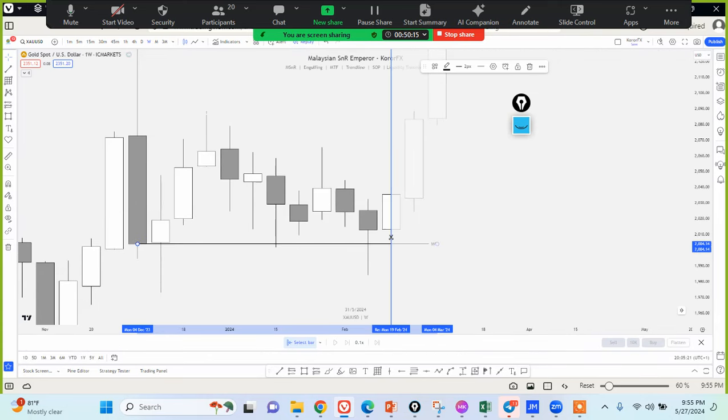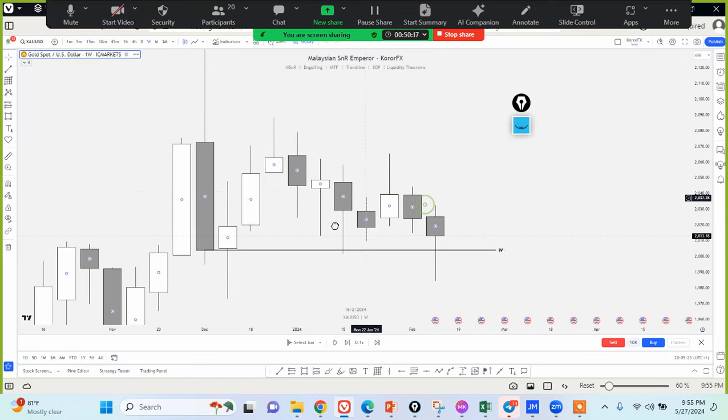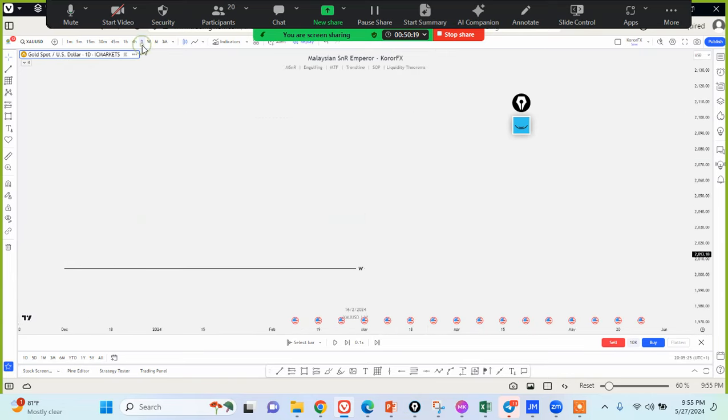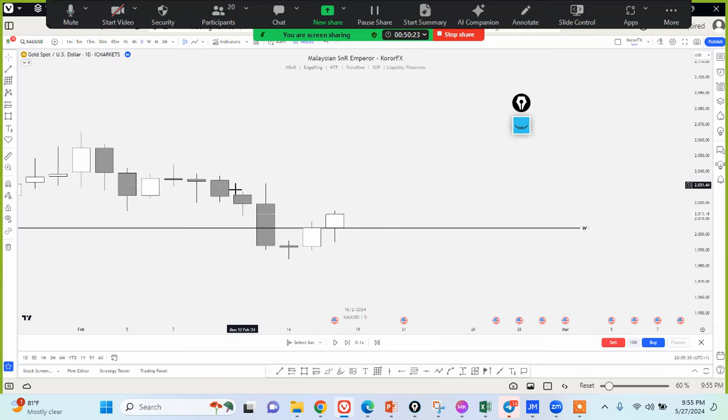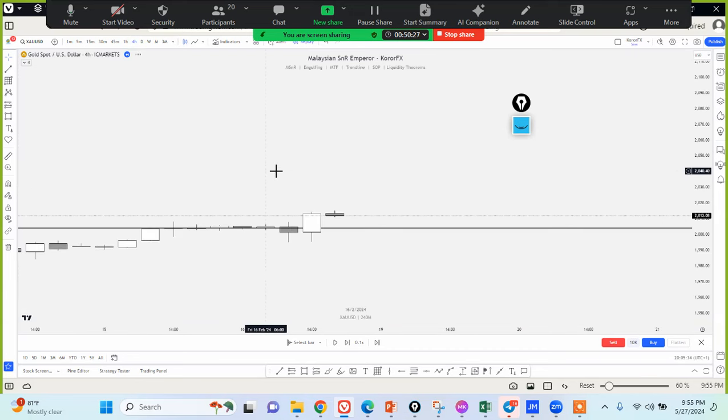From here on, we want a daily or 4-hour breakout only. You can see that the daily breakout is far away, so we want a closer structure.